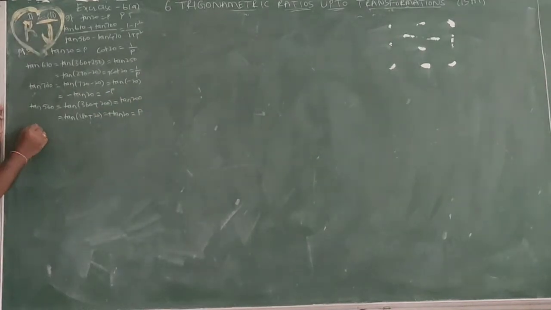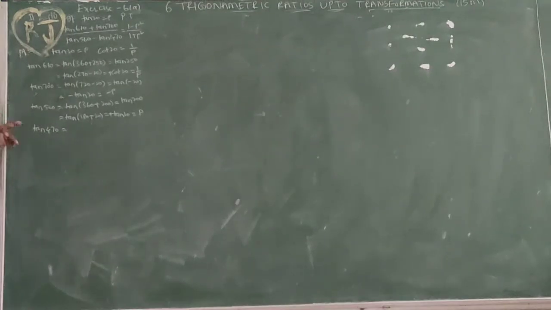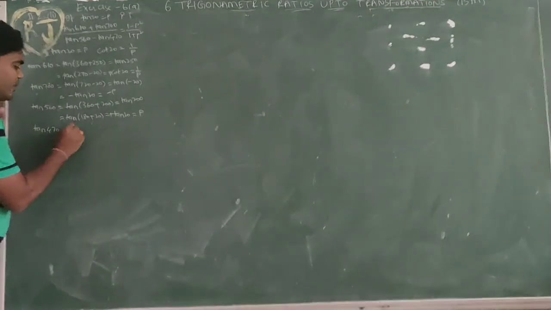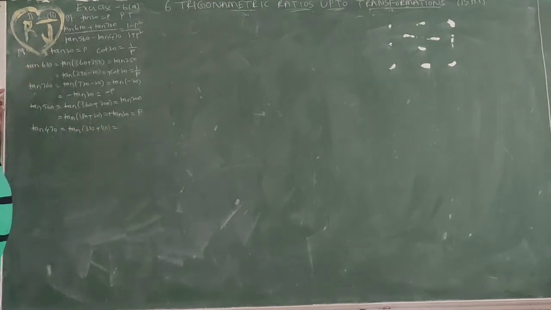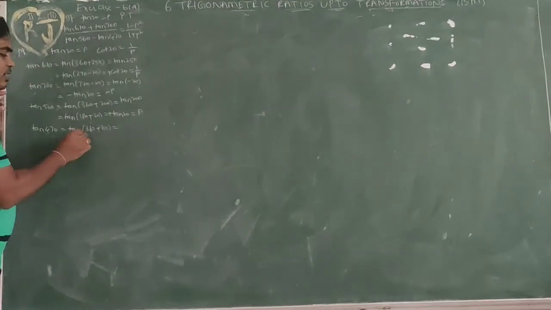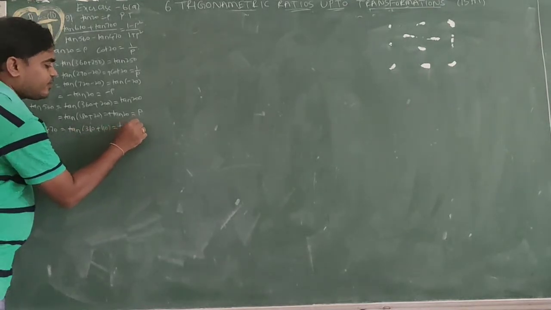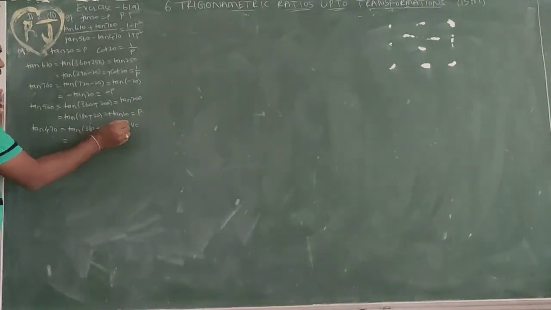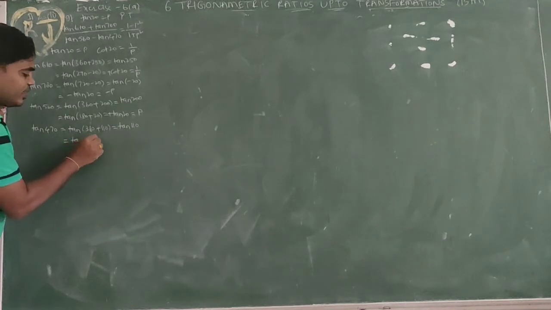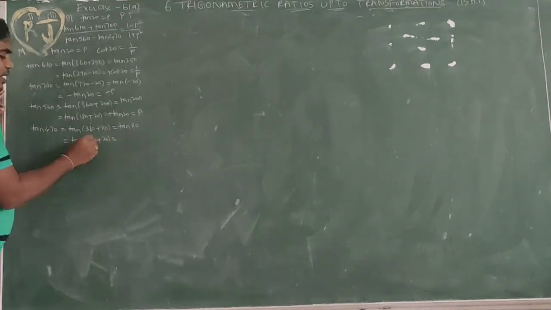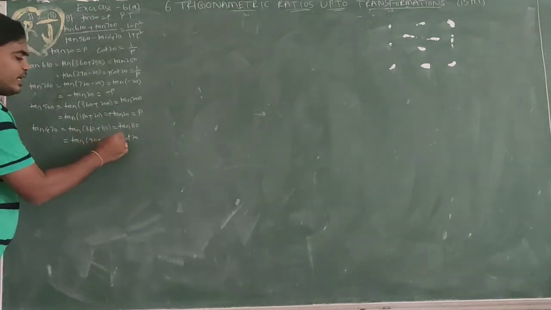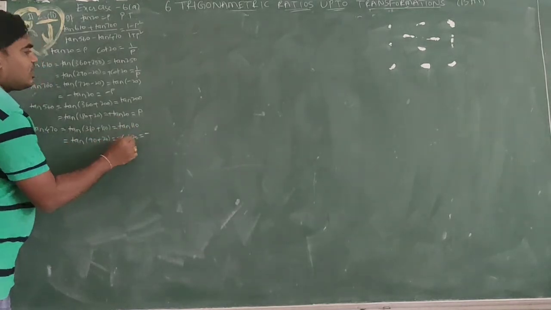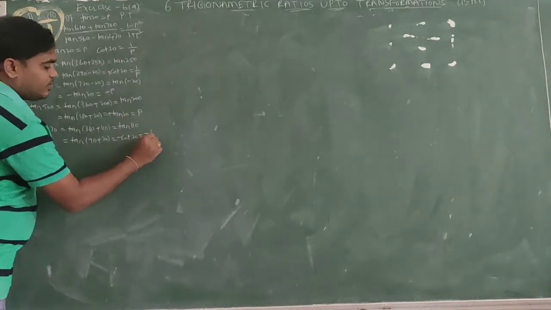Next, tan 470 equals tan of 360 plus 110. 360 equals 0, so tan 110 equals tan of 90 plus 20. For 90, tan will become cot 20. In the second quadrant tan is negative, so minus cot 20 equals minus 1 by p.